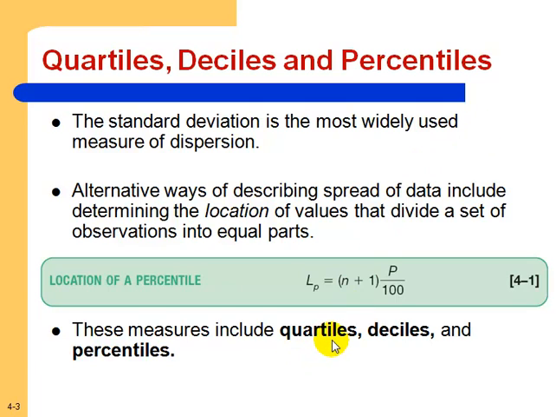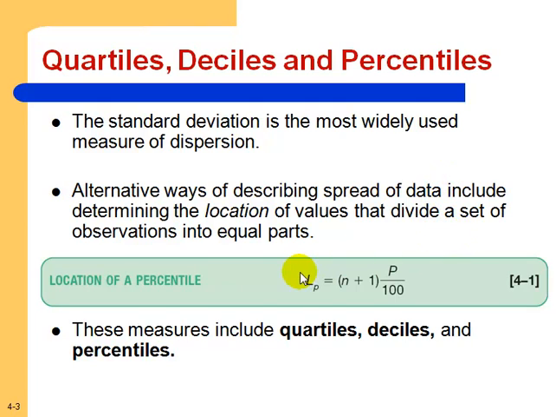Quartiles, from the name, you can tell, divide a set of observations into 4 equal parts. Decile is dividing a set of observations into 10 equal parts, and the percentile into 100 equal parts. Then how do we find out the location?